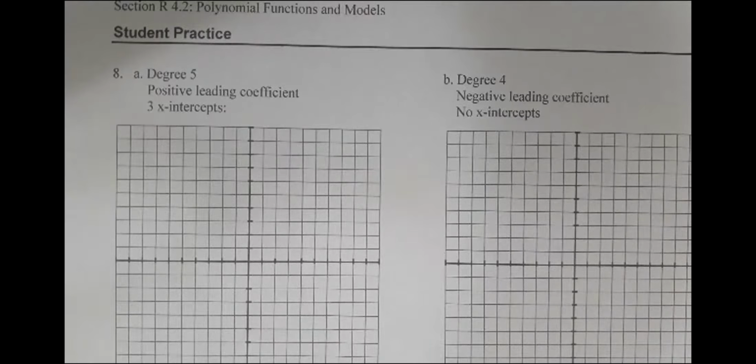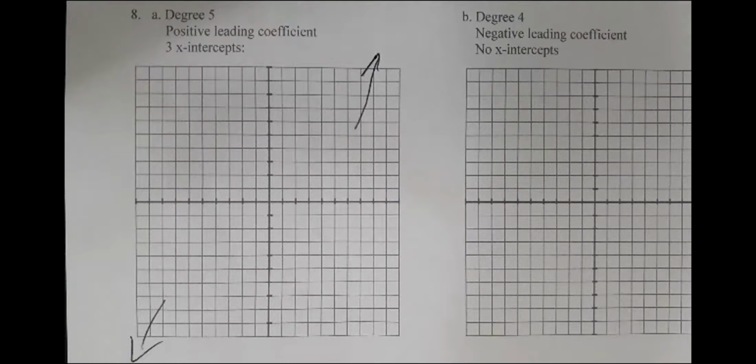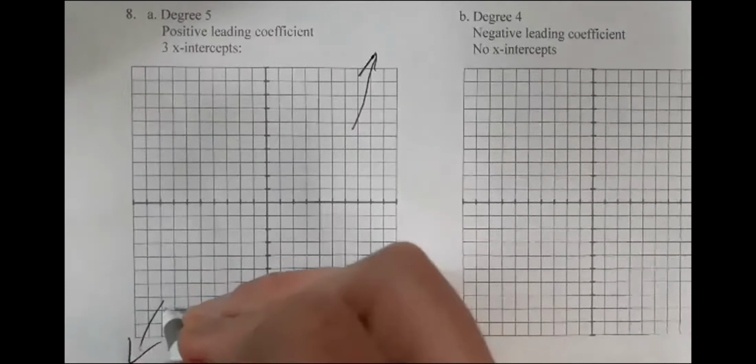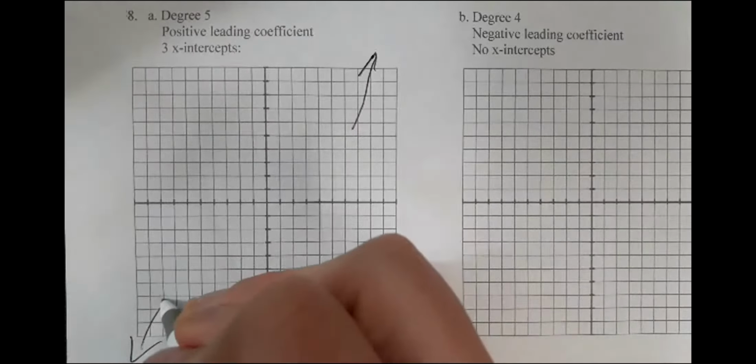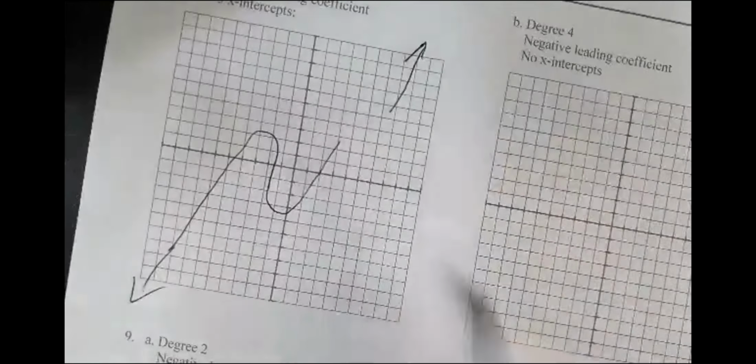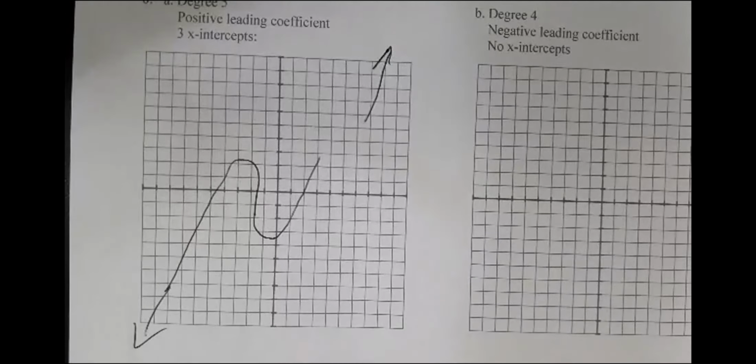My end behavior should look like a positive line. I have 3 x-intercepts. So we have done this before. If I go through and don't come back through, that gives me 3.